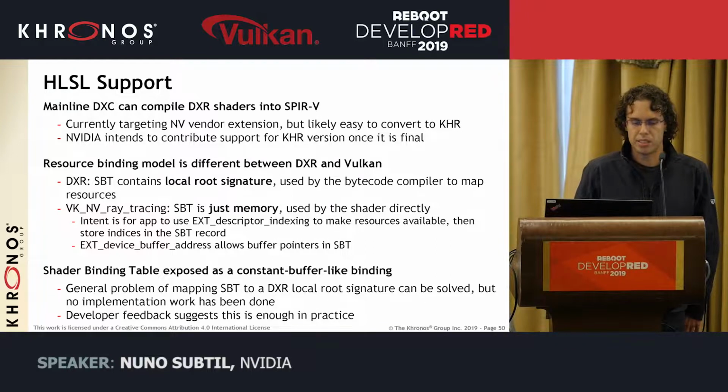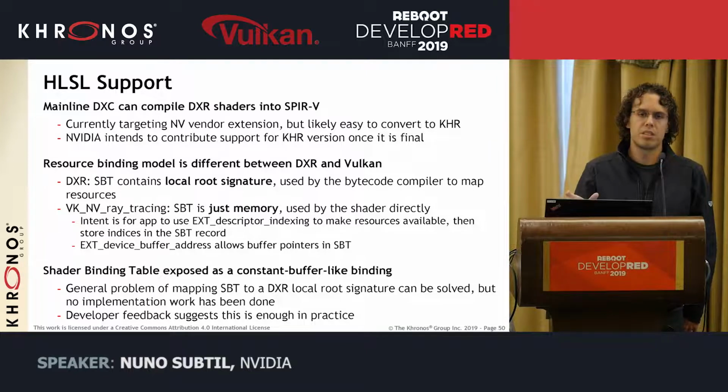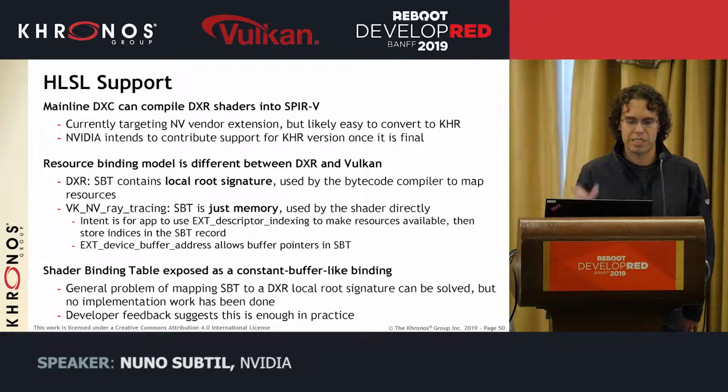Now, one caveat is that the resource binding model for ray tracing is significantly different between DXR and Vulkan. In DXR, there's an SBT just the same, but the records contain what DirectX calls a local root signature, which is essentially a map of resources that are available to the stage that is executing on that SBT record.